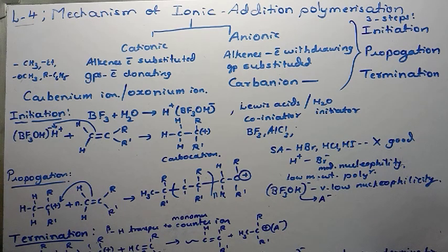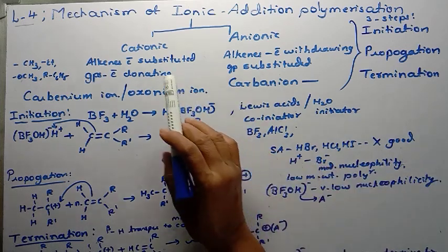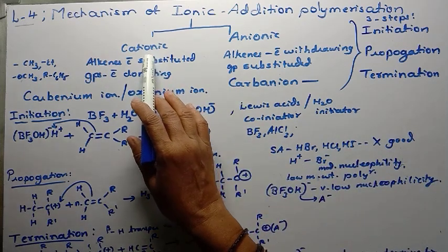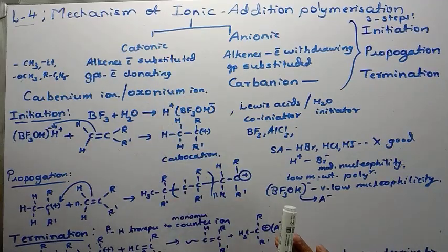Under ionic polymerization there are mainly two types: cationic polymerization and anionic polymerization. Today we'll discuss the cationic polymerization process.